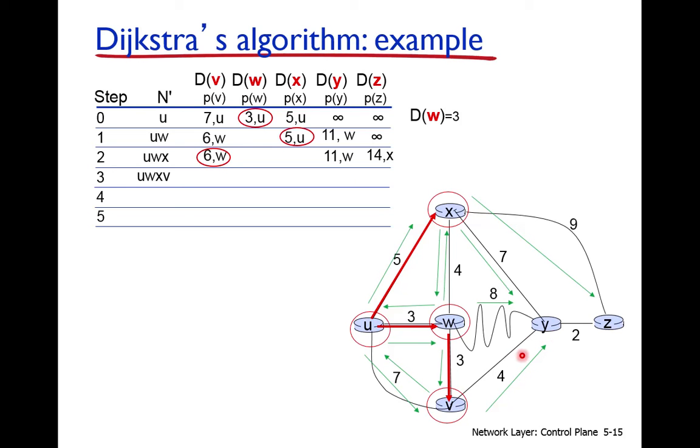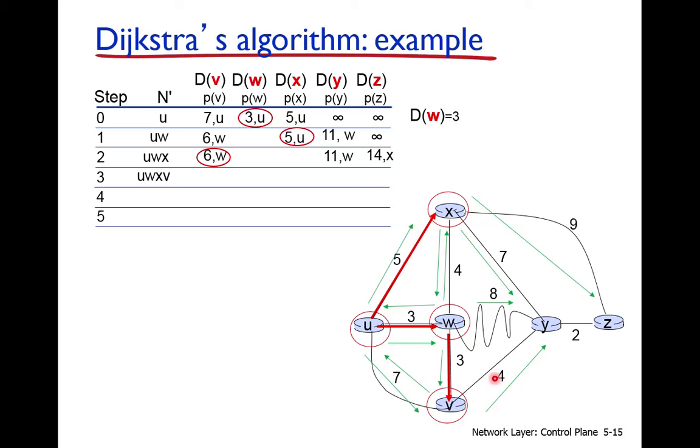So if we consider this newly explored link, we get the path from u to w, w to v, v to y, with distance 3 plus 3, 6, 6 plus 4, 10. The already recorded shortest path to y is 11. So this newly explored link gives us a shorter path.